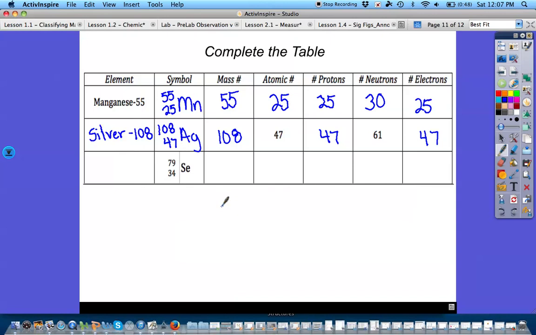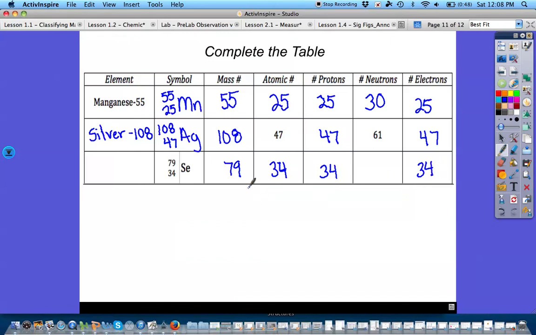And so then for our final row, we have selenium, 79 over 34. This top number is our mass number. The bottom number is our atomic number. Atomic number is equal to the number of protons. Electrons are equal to the protons.